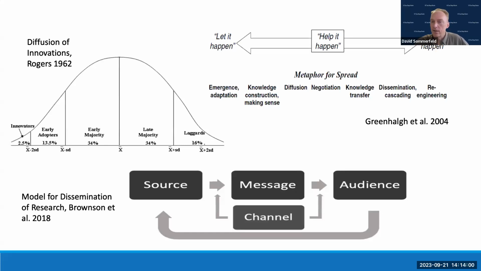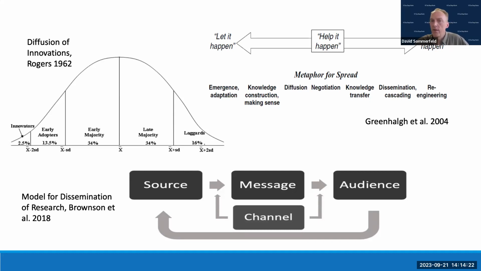He has this curve distinguishing the innovators from the adopters and the laggards at the end, and that's how innovations spread throughout a system or an industry. It's really a more passive understanding of how information moves through and change happens.